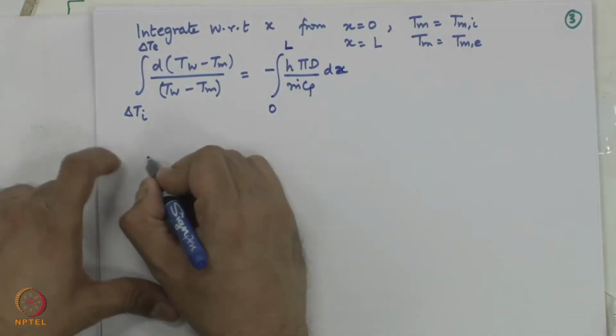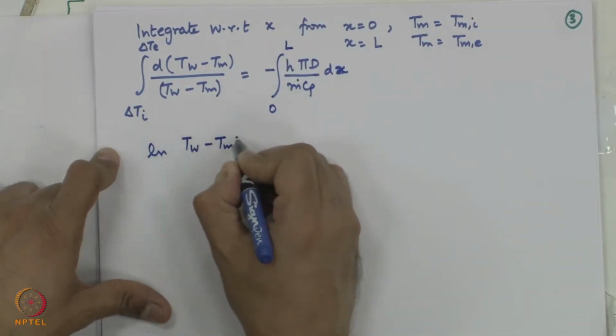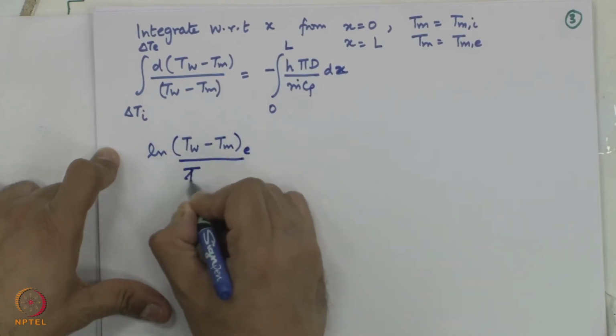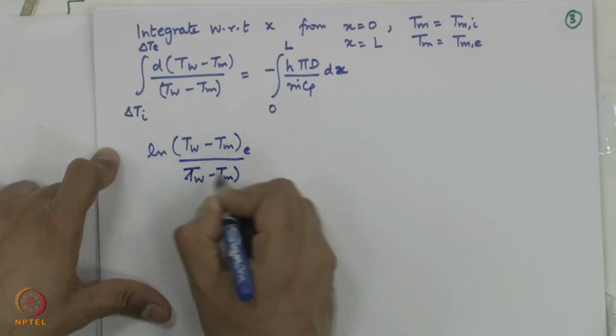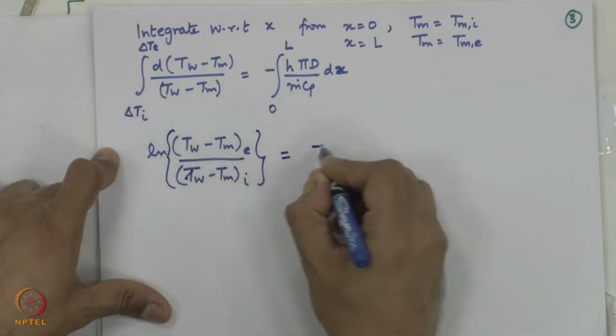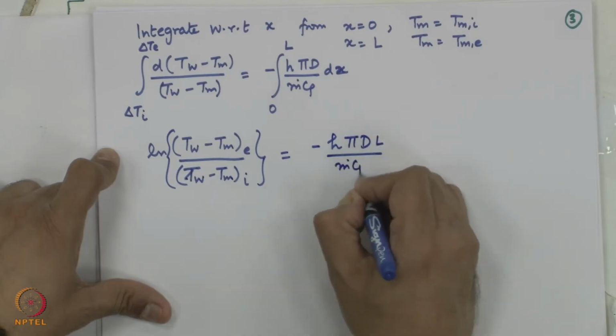Okay. So, this is log of (T wall minus T bulk mean at exit) divided by (T wall minus T bulk mean at inlet) on application of the limits, equal to minus h pi d L by m dot Cp.